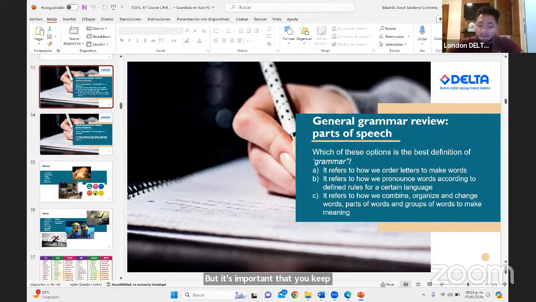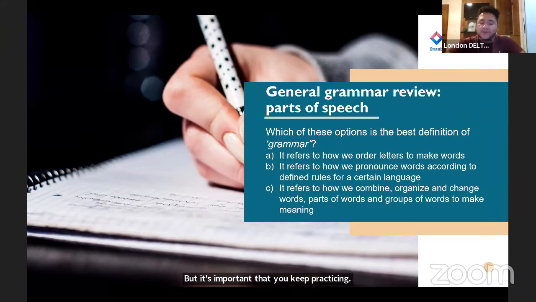When you have proficiency in English, it's hard to forget. It's something like riding a bike. But it's important that you keep practicing. So this test, Linguaskill, won't expire. No tiene una fecha de expiración, and it is valid worldwide.